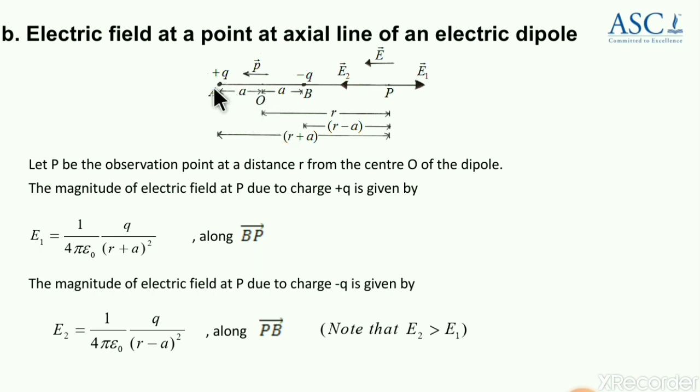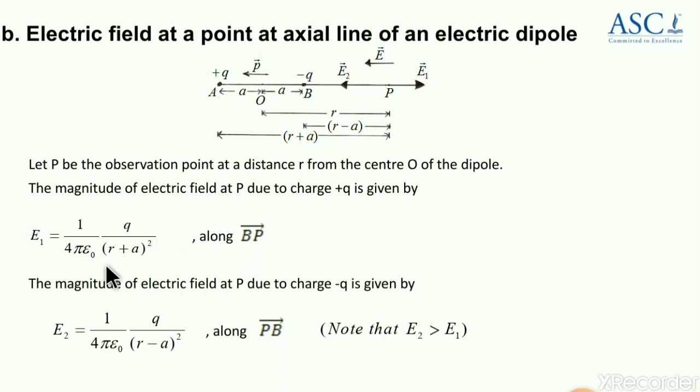That is why from plus Q till point P it is r plus a. This will be the total distance. So in place of the distance between the charge and the point at which the field is calculated, we take (r plus a) the whole square.